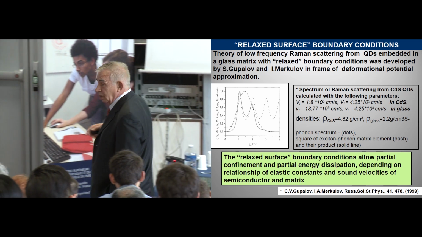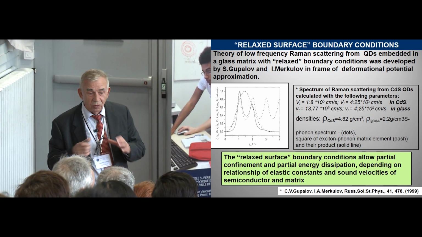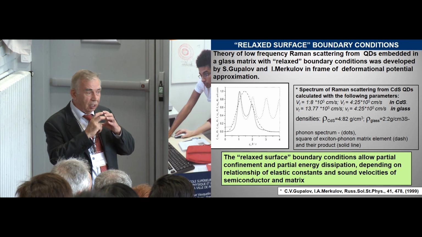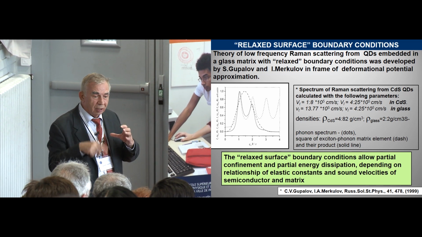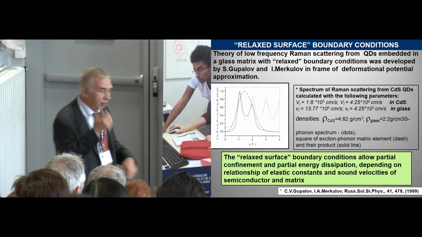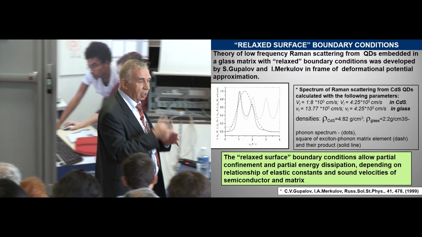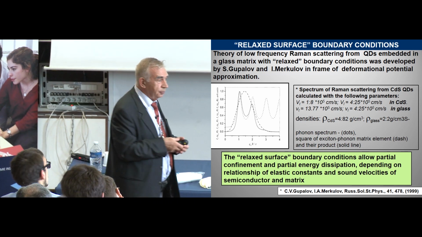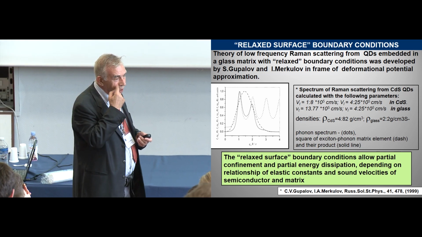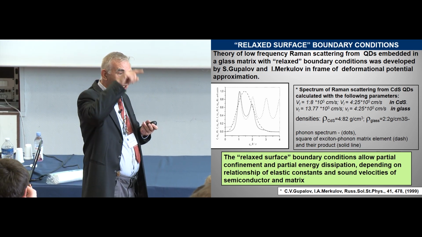And of course, this works only if we are sure that there is a contact between semiconductor and glass. We made some experiment with the hydrostatic pressure, and we saw that the shift starts from zero.